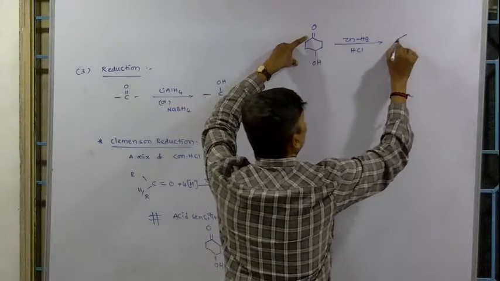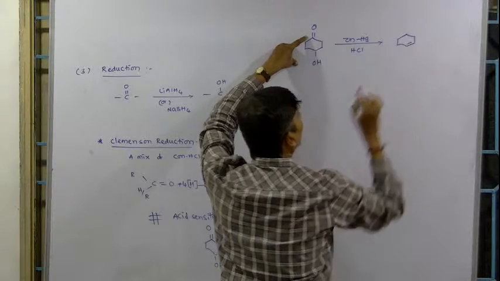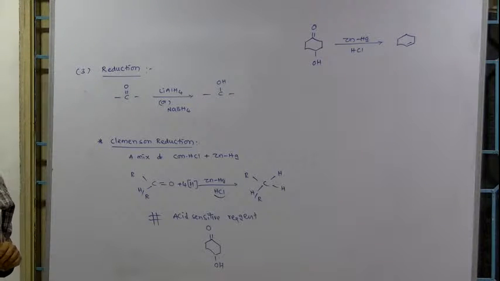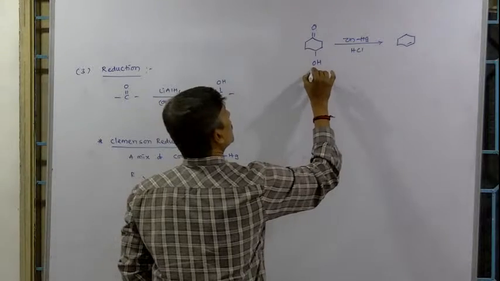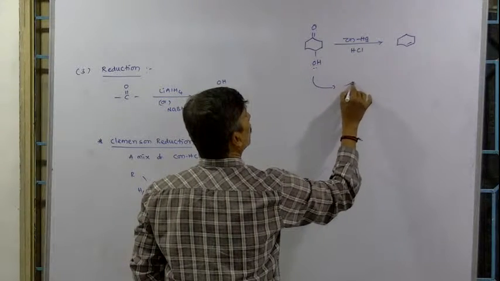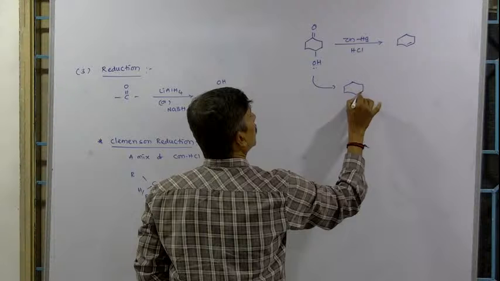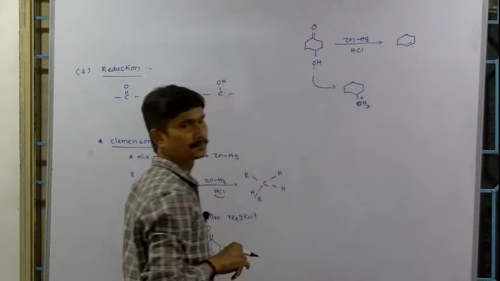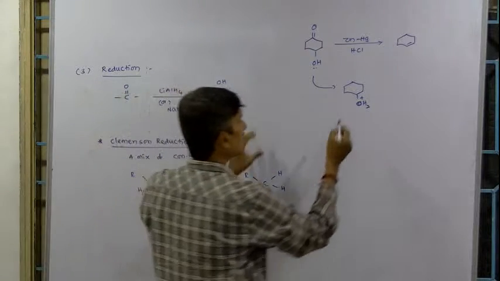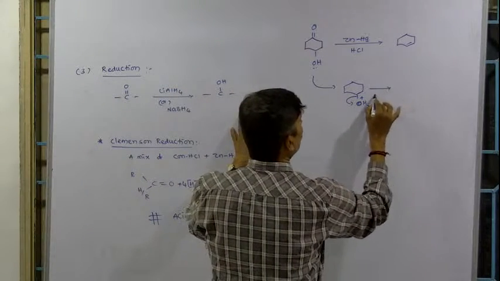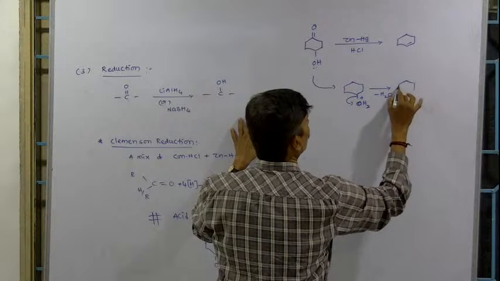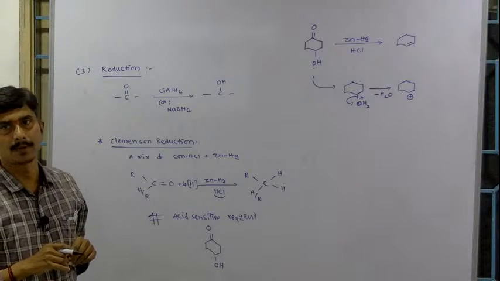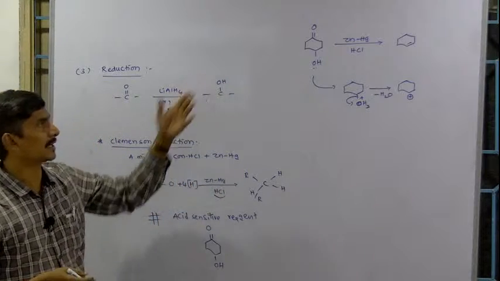Hydrocarbon. Along with that, it can form an alkene. Why? Because this oxygen atom gets protonated and is converted into what now? As we know, water is a better leaving group compared with the OH group. So it is removed and forms what now? A positive charge. If it is supplied with hydrogen, it can give cyclohexane.